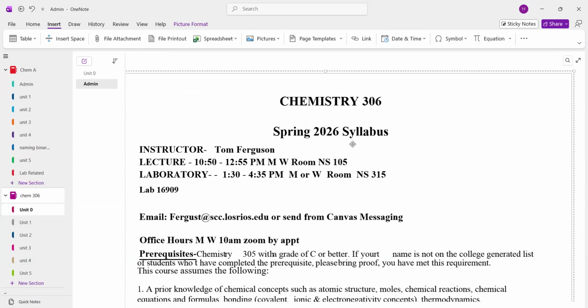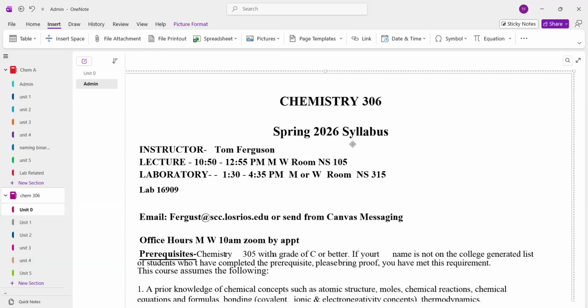And then lab is up on the third floor, room 315. Now, this is not your old 305 room, which used to be the 306 room. We moved it across the hall to 315.